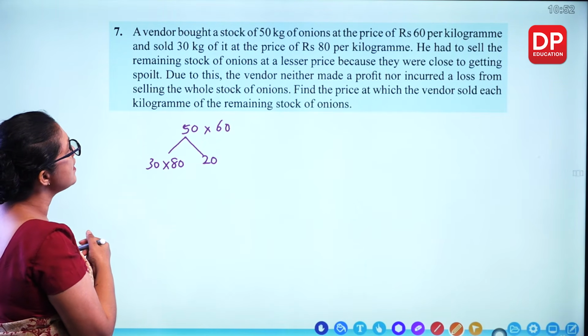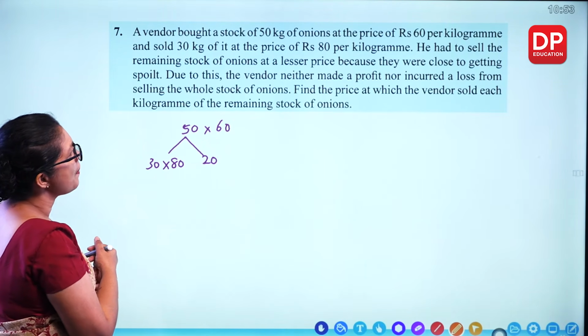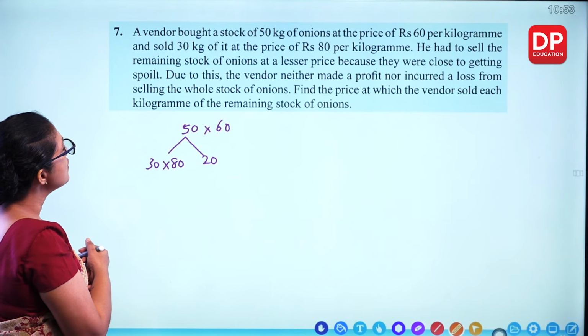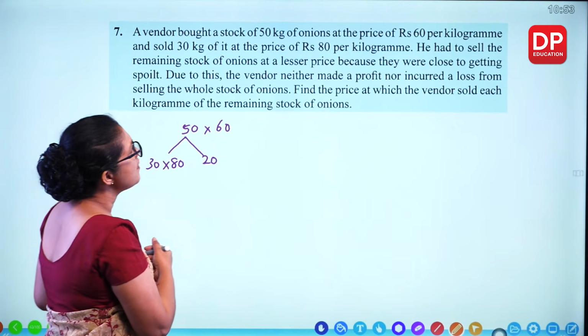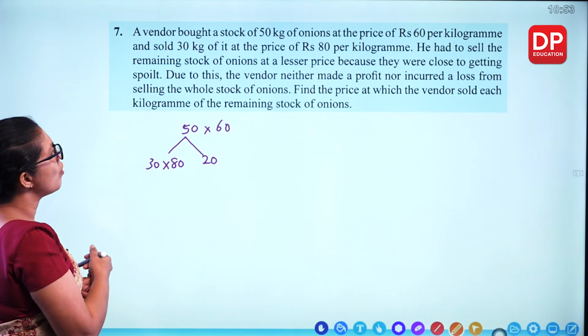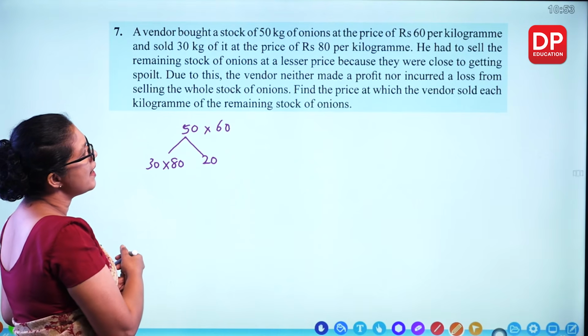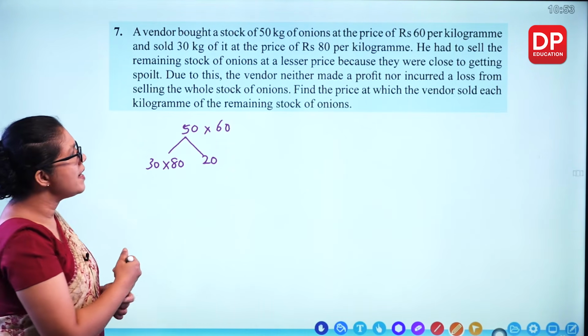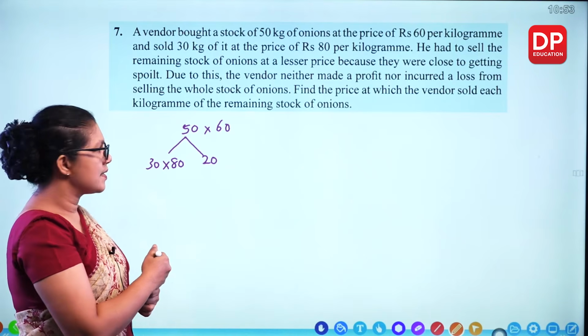Remaining stock of onions at a lesser price because they were close to getting spoiled. Due to this, the vendor neither made a profit nor incurred a loss from selling the whole stock of onions. Find the price at which the vendor sold each kilogram of the remaining stock of onions.